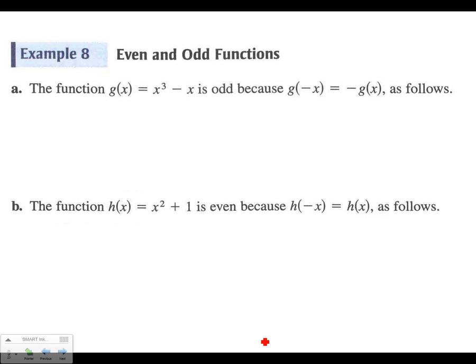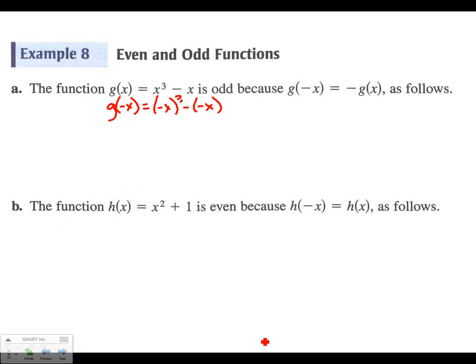Let's take a look at what we mean by this. So the function g of x equals x cubed minus x, that is going to be odd because g of negative x equals negative g of x. Let's see the steps here. So g of, if we put negative x in, we're going to get negative x cubed minus negative x, and we're going to simplify this.